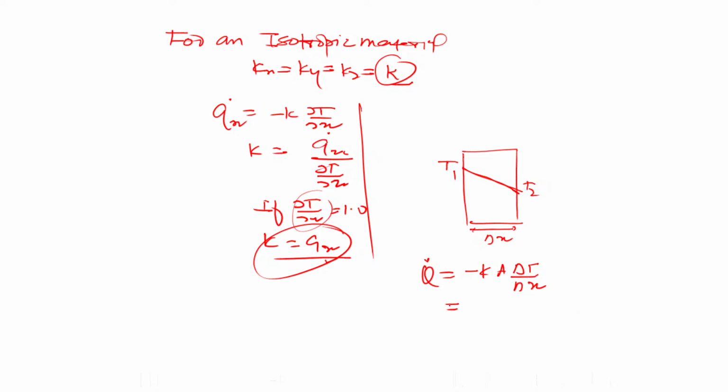In this case, if area is 1, temperature difference is 1, and delta x is 1, everything in 1 meter square, 1 degree Celsius, and 1 meter, in SI system, then Q dot is equal to K, and that will have unit of watt.